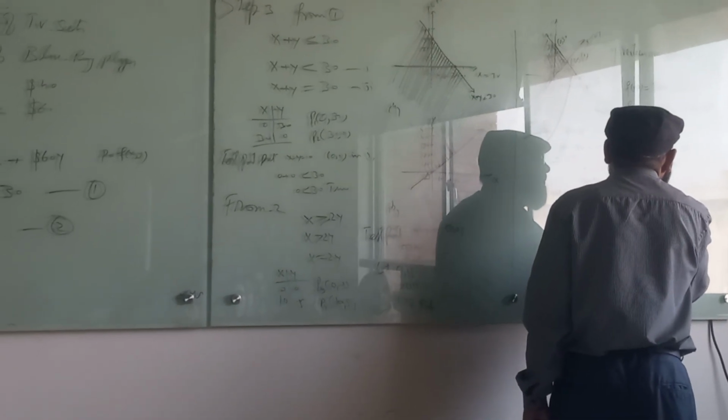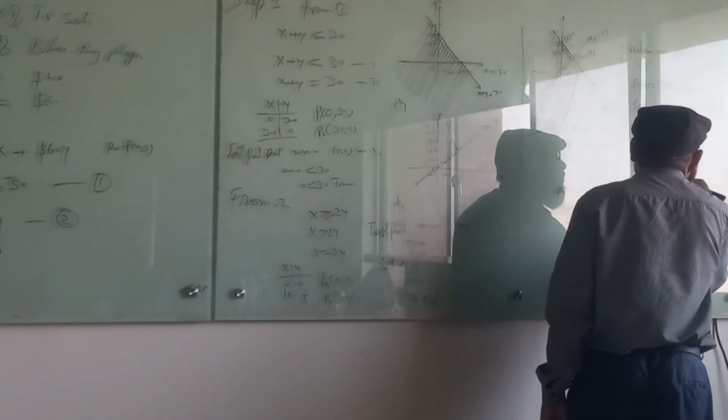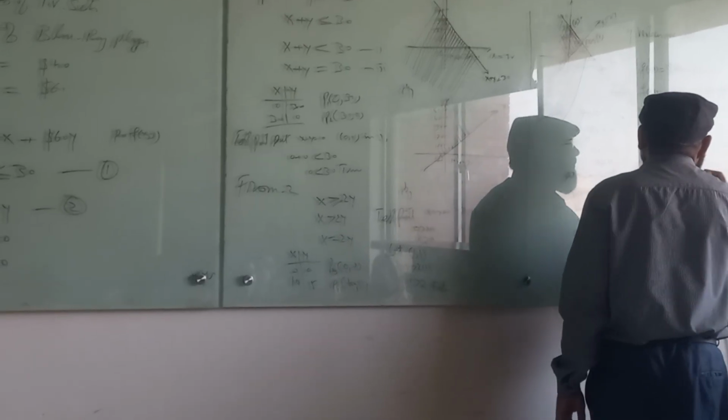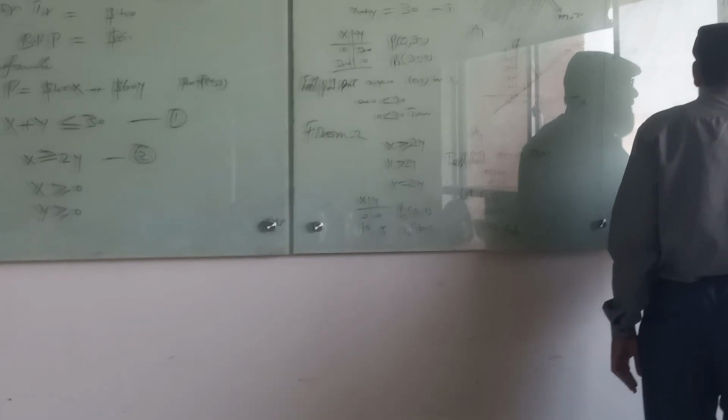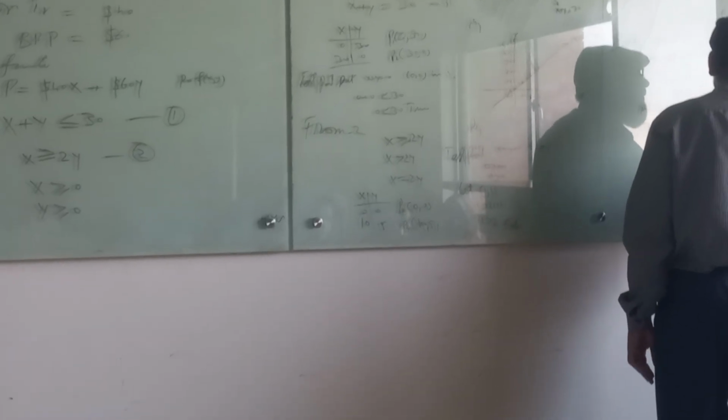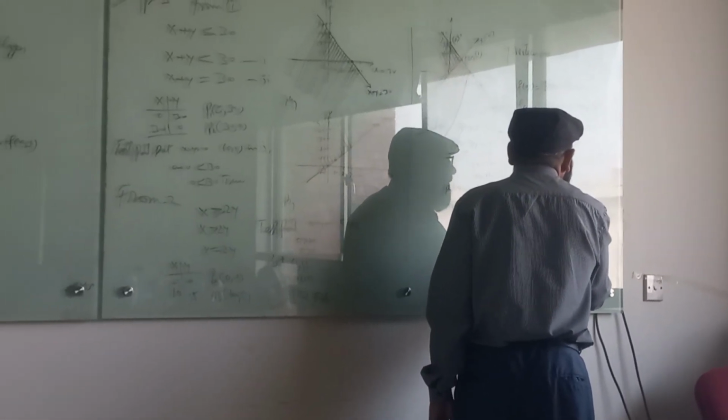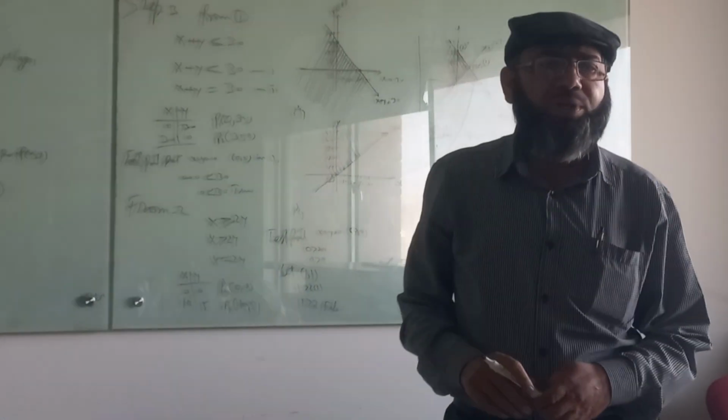He should store or stock TV sets equal to 20 and Blu-ray player equal to 10. So this is the best option. Okay, thank you very much.